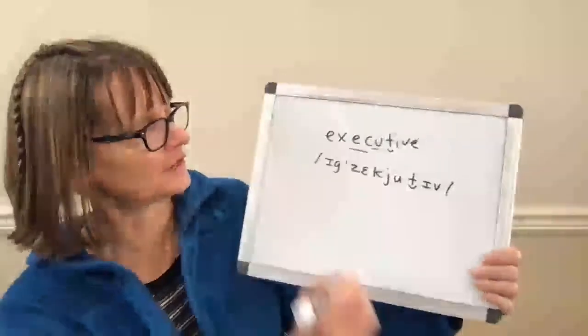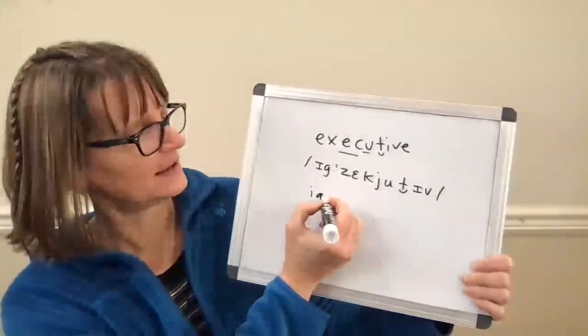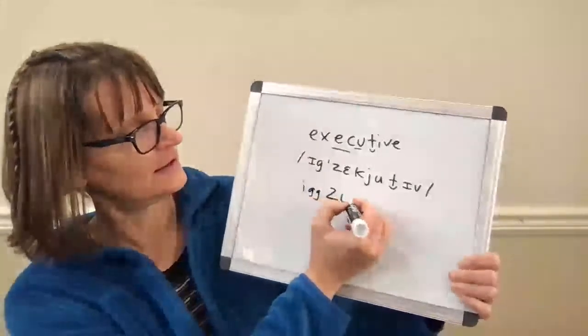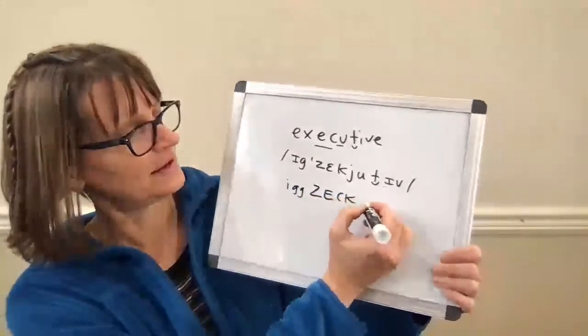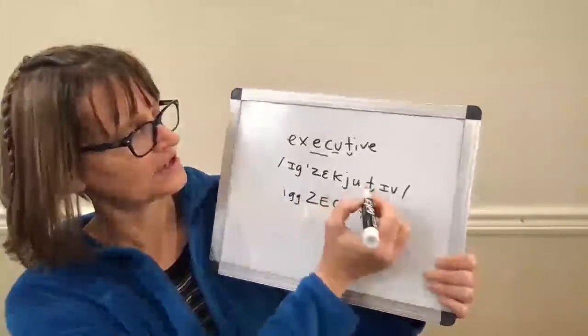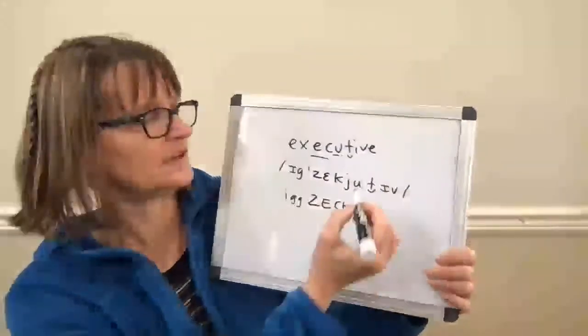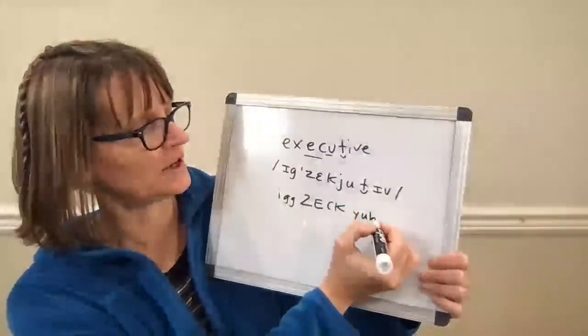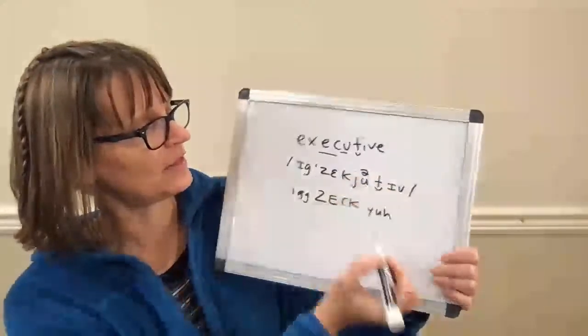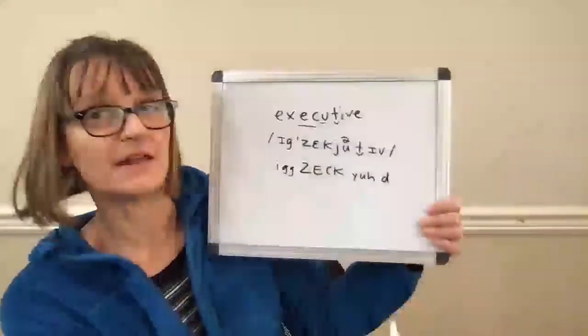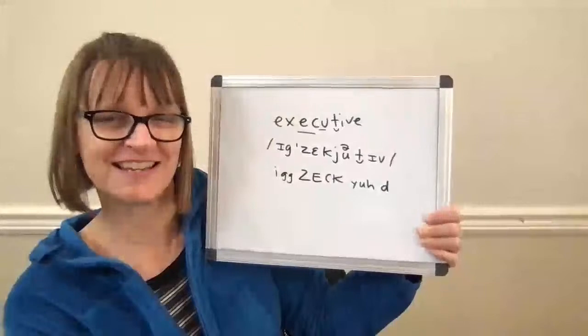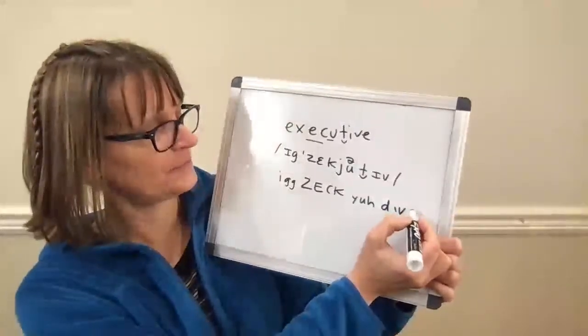Okay, so here's what's tough. Sounds like ig, zek, yeah. Actually, rather than executive, we often change it more to a yeah. So this might actually be a schwa rather than an u. Then I'm going to write the flap T as a D, and that might help.